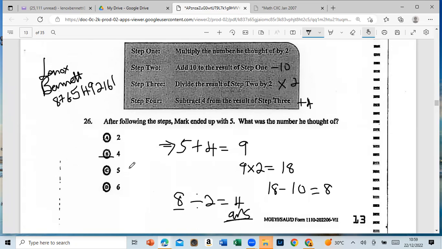All right, it's awesome to know this, but just in case you didn't remember what to do, you could put in a number. So you start with 2 first, right? And then you multiply it by 2, subtract 10, and so on, and see if it gives you 5. The one that gives you 5, that would be the correct answer. But Mr. Benita, I'm a teacher, so now I'm going to know how to do it step by step. All right? Very good.